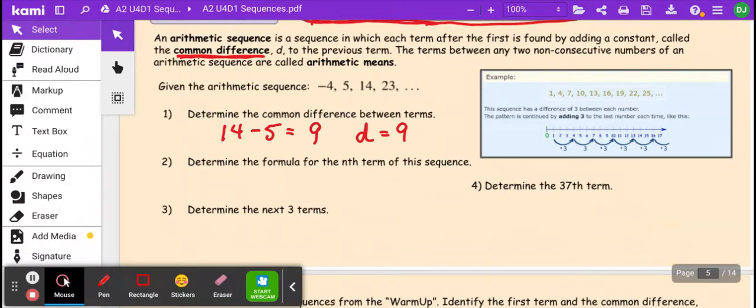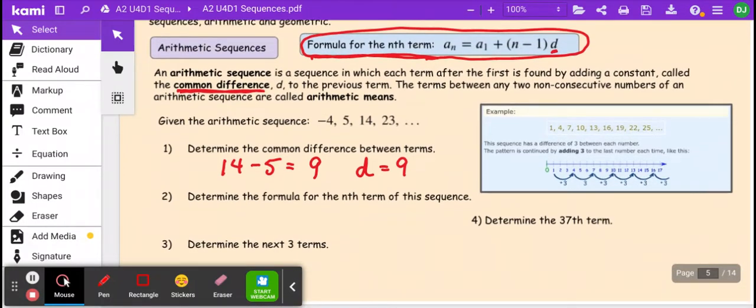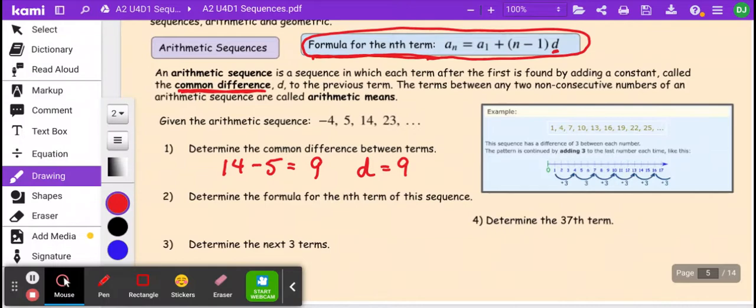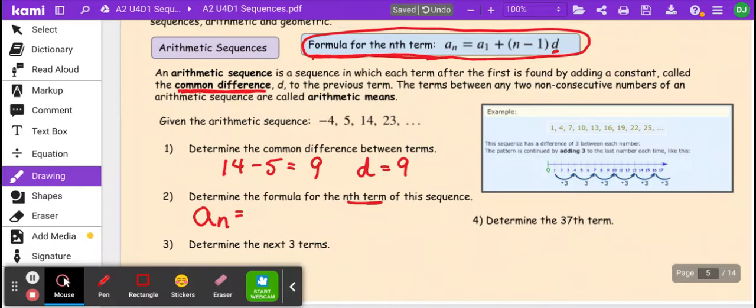So this is D equals 9. Okay, so we're going to determine the formula for the nth term. So this is that explicit equation that I've been talking about. Again, you don't have to memorize it, but if we're determining it for the nth term, remember that we're not filling in the n, because the idea is I'll have a formula that I could fill in any term I want. But I do need to fill in the other things in the formula.